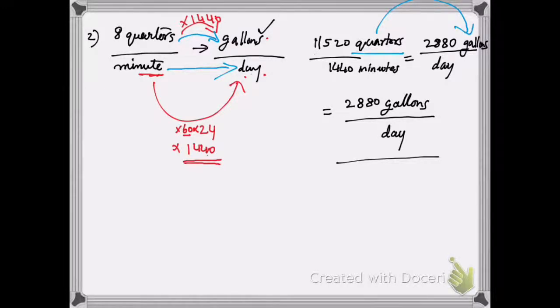So when you convert quarters into gallons, you want to divide by 4. So when you divide 11,520 by 4, you will get 2,880. So the answer is 2,880 gallons per day, or gallons divided by day. That is the answer.